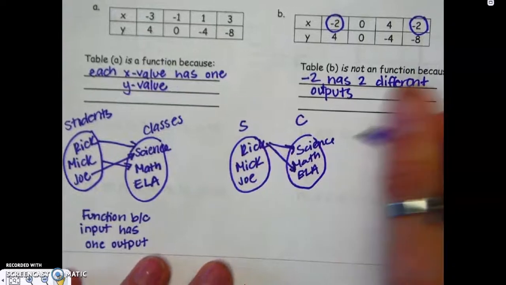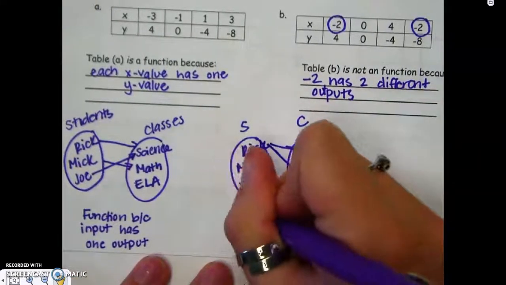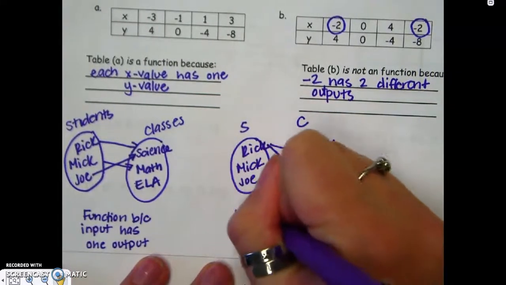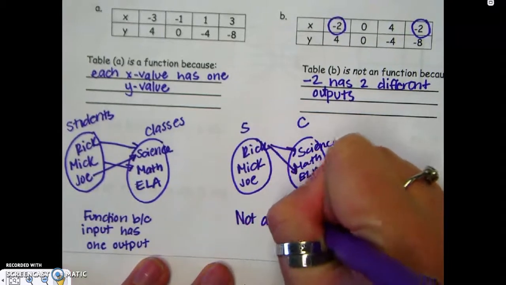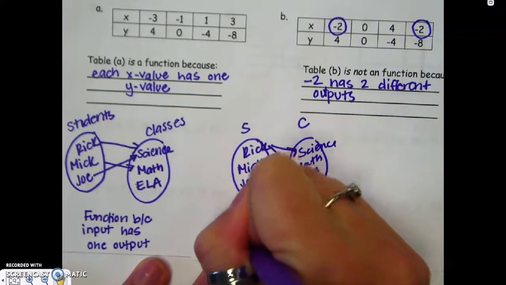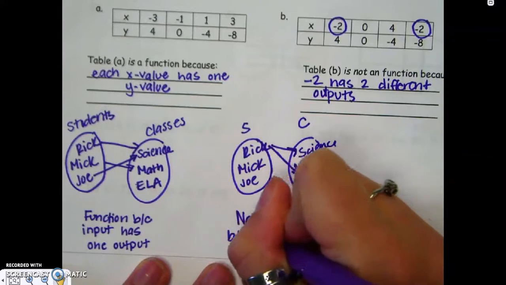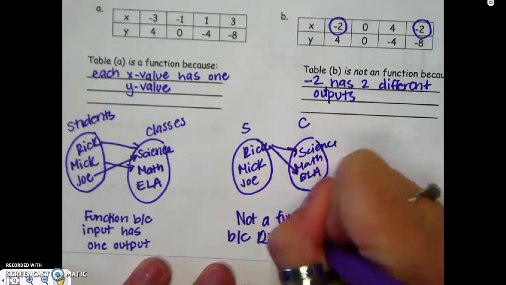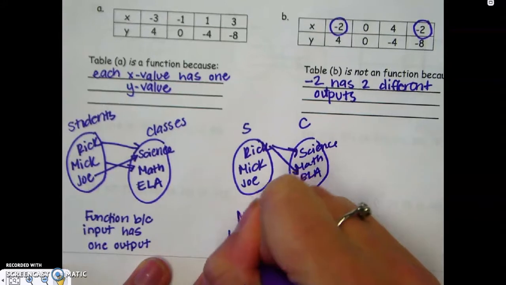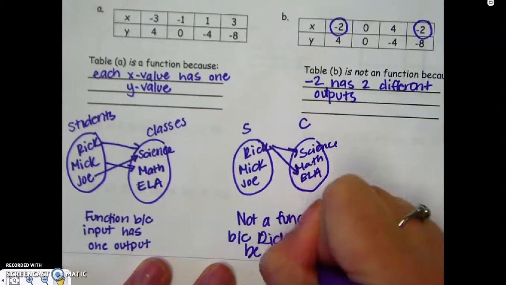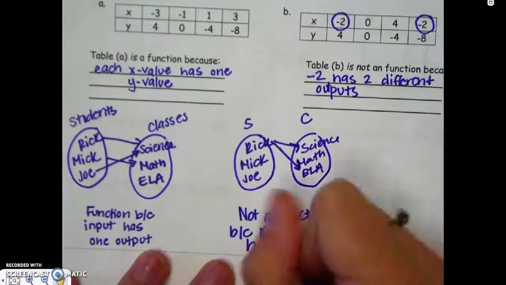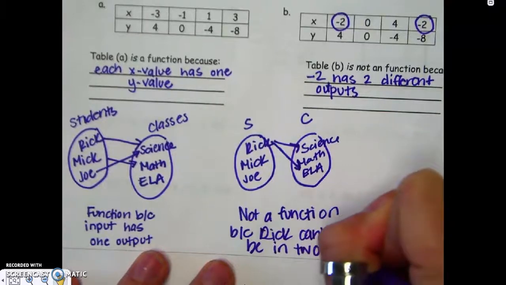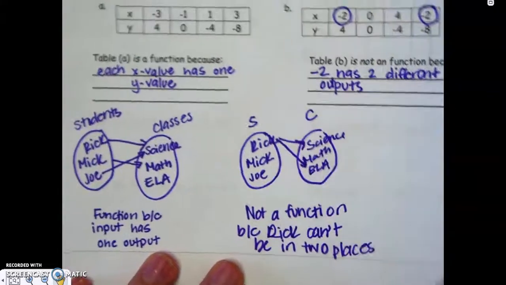Clearly Rick cannot be in two places at once, so this is not a function because Rick can't be in two places. So that's just kind of like a non-math example of a function. All right, and we'll talk more about different types of functions in class.